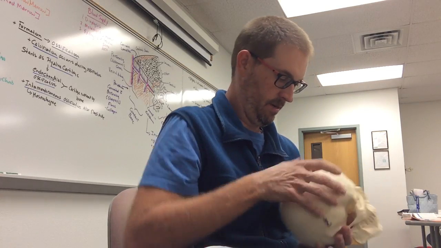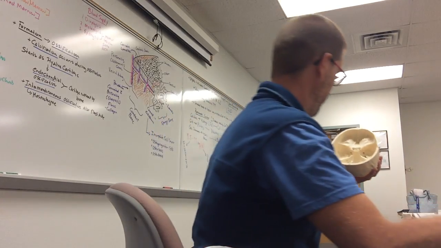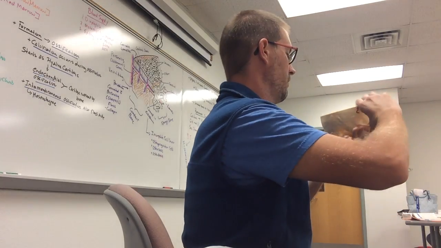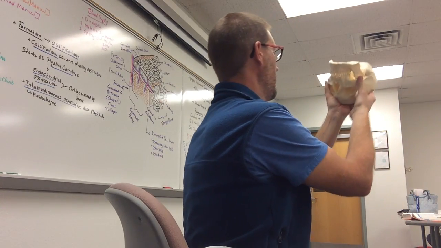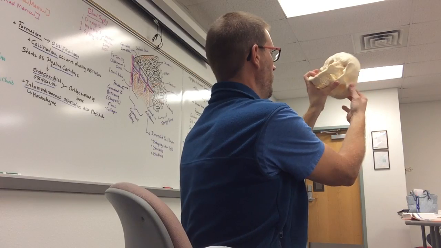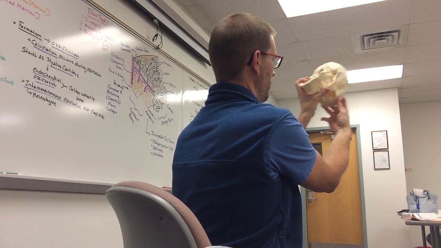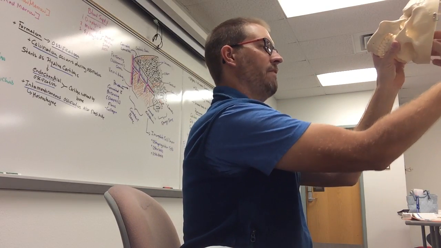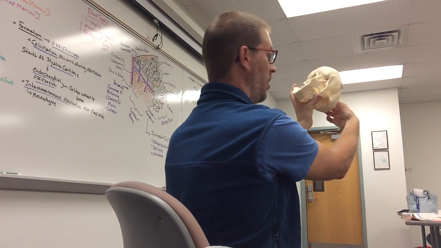You have fissures, which are an elongated cleft or slit, and then you have sinuses, and sinuses form an air-filled chamber. I don't know if you can see, but in here, under this bone, you actually have hollow chambers, and these are called your sinuses.